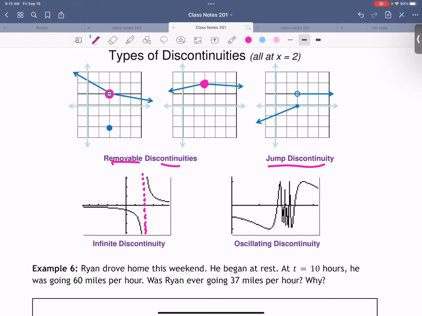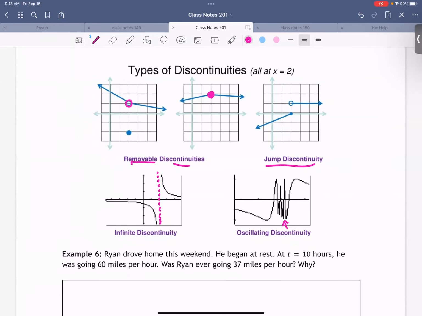This happens when we have a part of a function that just oscillates or just goes up and down like crazy between a certain interval. So this function, the crazy part is what we call an oscillating part of the function. That's also a discontinuity just because it's kind of going crazy. You can't really zoom in on the function anywhere. We're not going to focus too much on that, but that is a discontinuity as well.